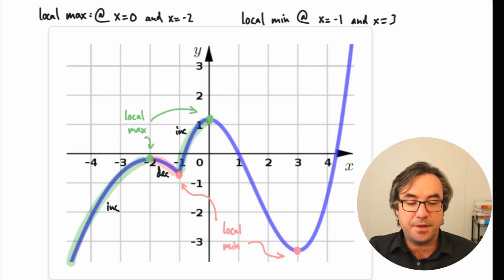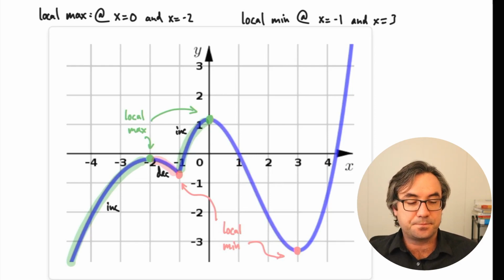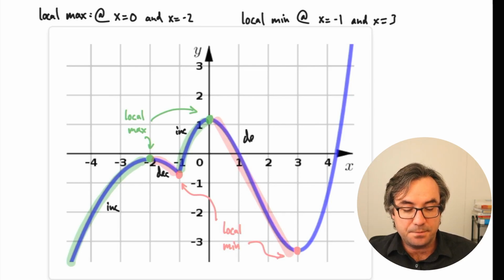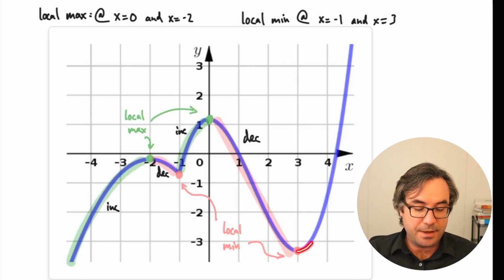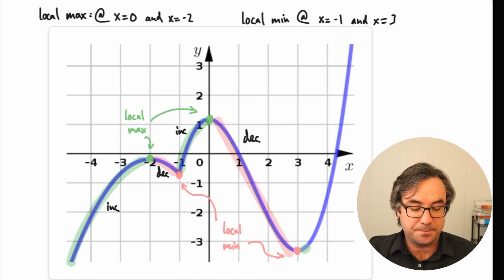And then the next section is going to be lowering, so we're going to be decreasing here. And then finally, we get to that last point, and then we start going back up, so we're going to be increasing.